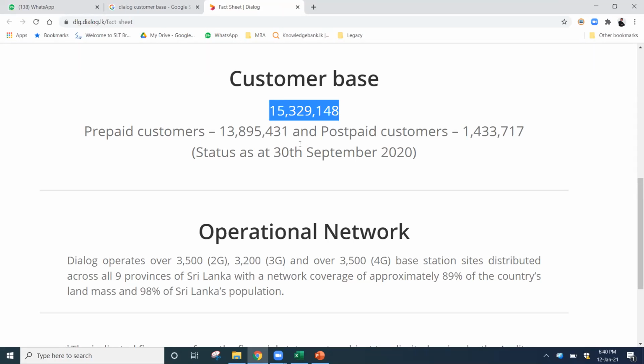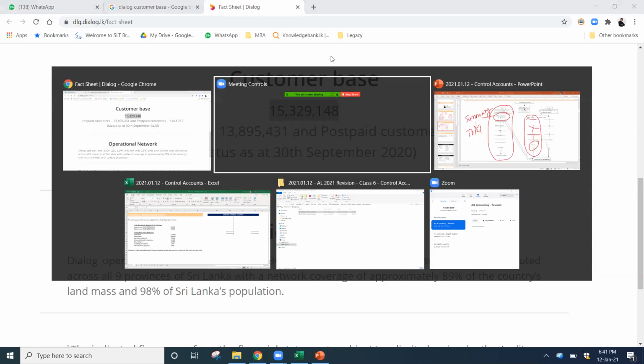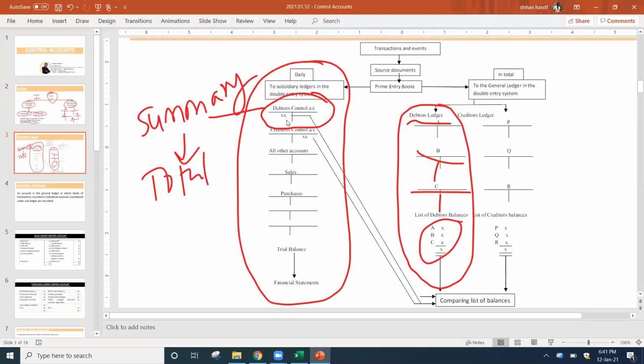For suppliers, they have to maintain a separate ledger, because if you take all these accounts in the general ledger, it will become complicated and very difficult to maintain. So in the general ledger, there will be only one account, which is a control account, where you record only the total values. Individual accounts they maintain for separate individual debtors and creditors. When we do the example, you will understand.